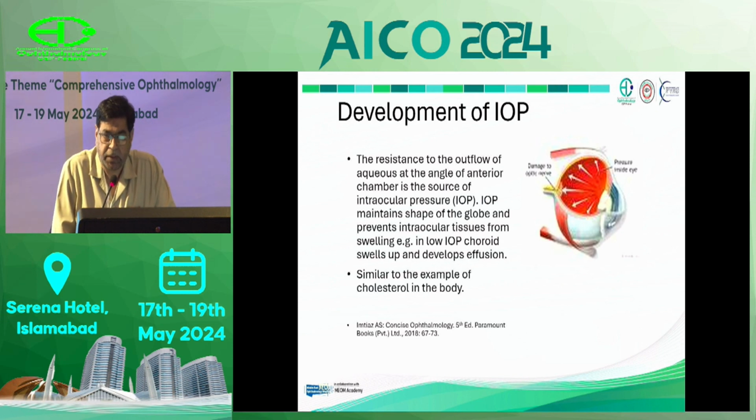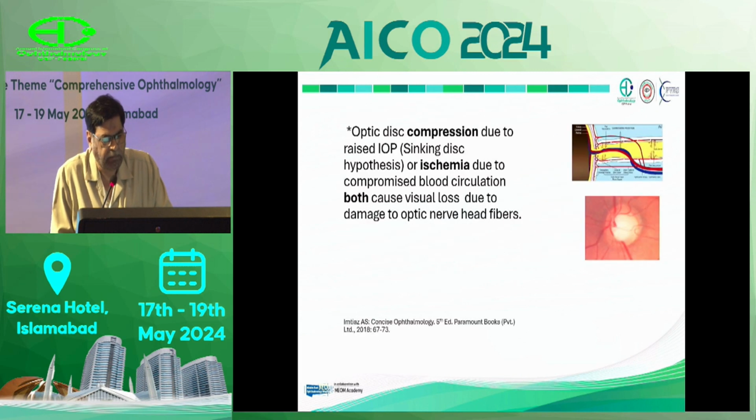Cholesterol, when raised, leads to stroke by vascular obstruction, whereas when it goes down, it causes stroke due to demyelination. IOP, when it goes up, causes glaucomatous damage, and if it goes down, it causes hypotony, choroidal effusion, detachment, and phthisis.